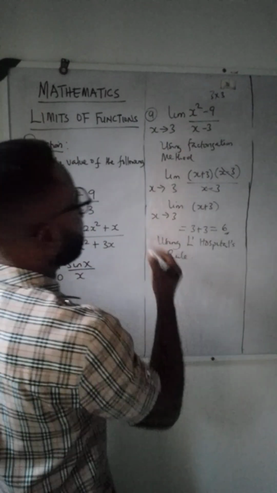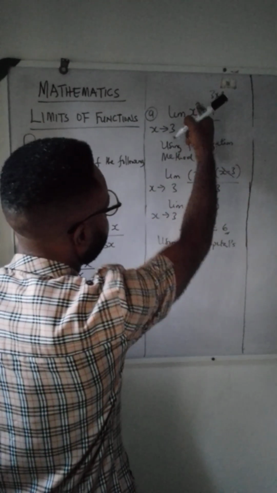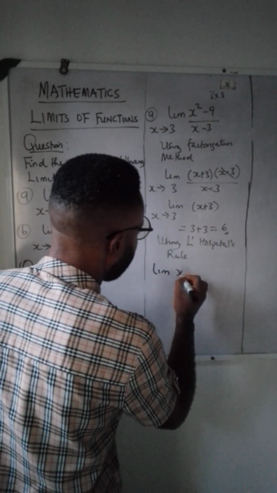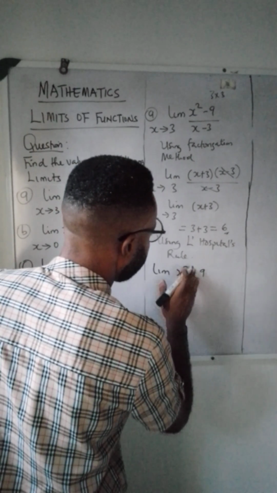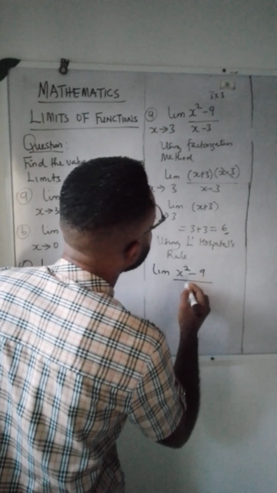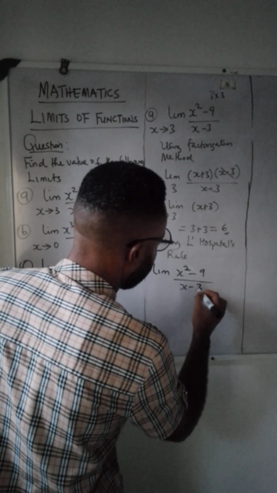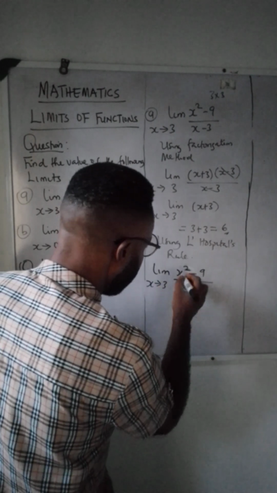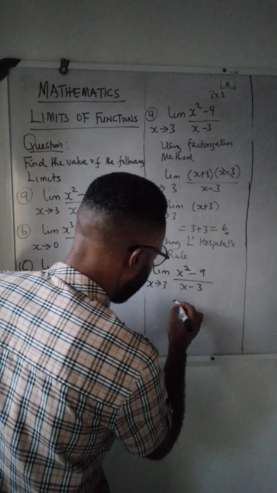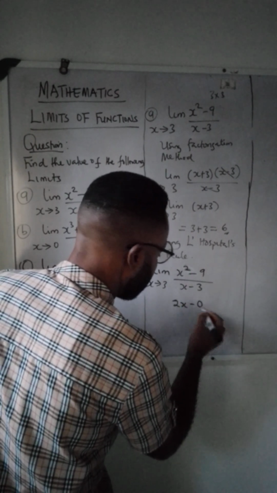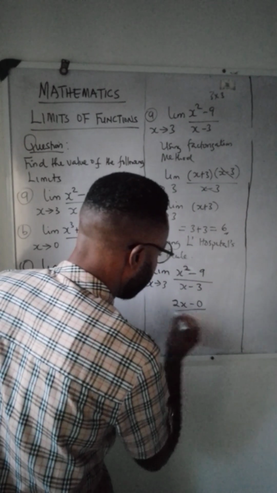So we have the limit of x squared minus 9 all over x minus 3 as x tends to 3. If we differentiate x squared, we are going to have 2x. If we differentiate 9, 9 is a constant, so when you differentiate a constant, it will be 0.